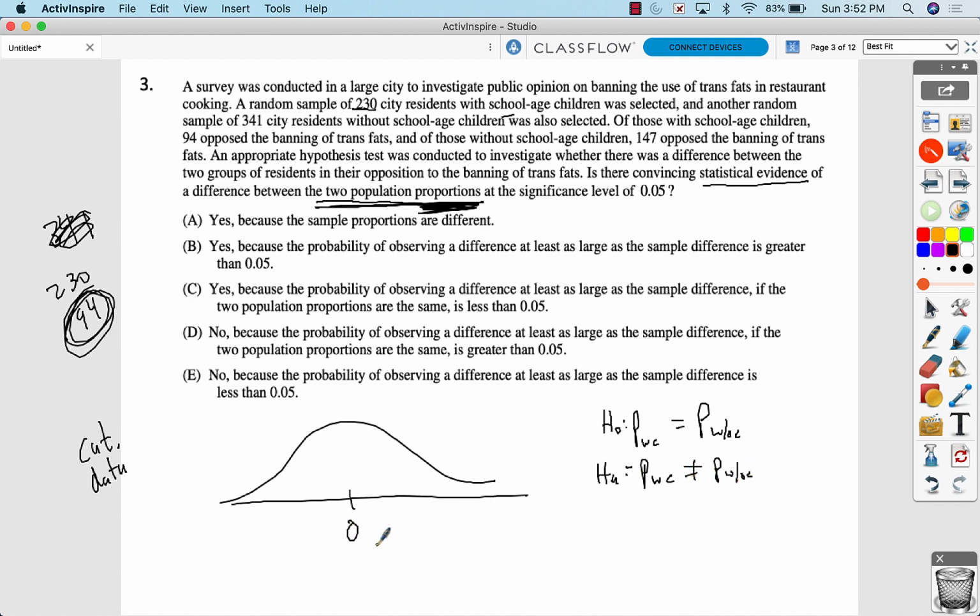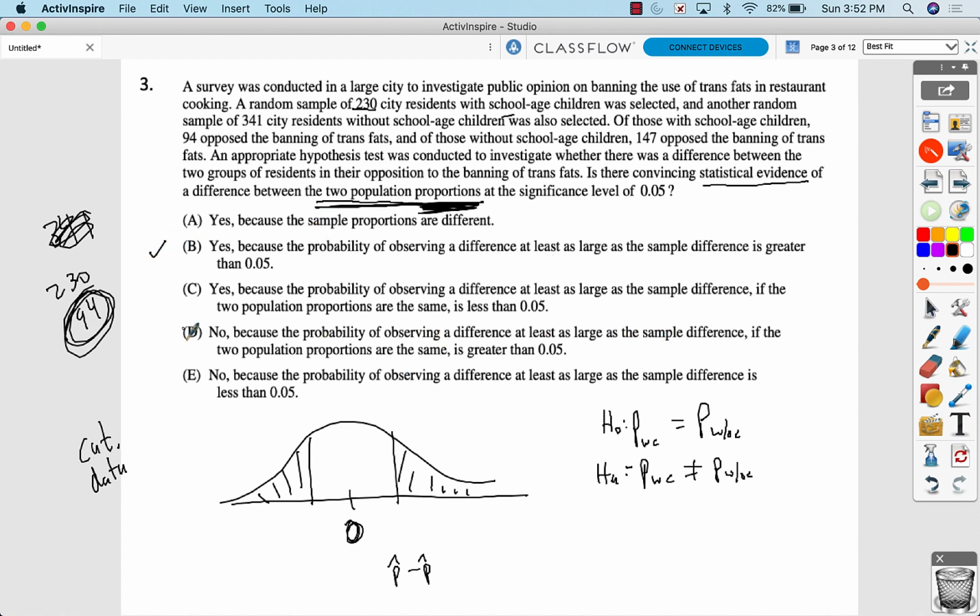This is 0 in the middle. If the p-value is 59%, then whatever difference you got in your sample, with these two p-hats from both samples, was not significant. It wasn't far enough away from zero to believe that there's a real difference. They're just giving you the p-value definition.